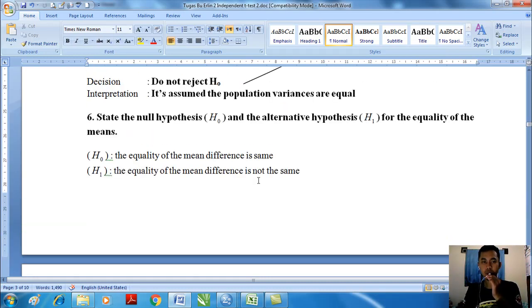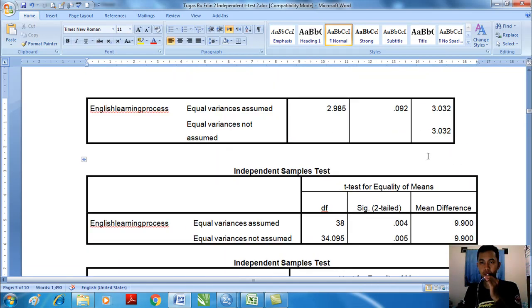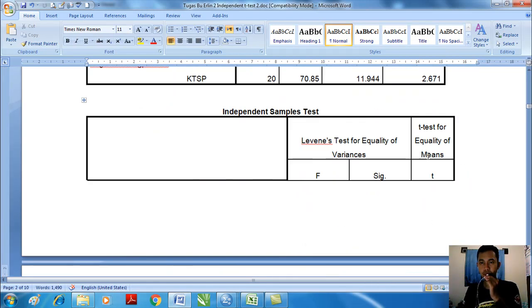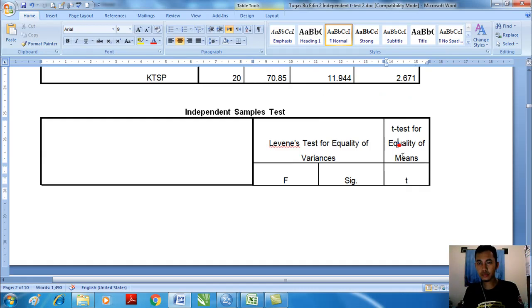Okay, how do we know whether the mean difference is the same or not? From the table, the equality of the mean. This one, you can see it.